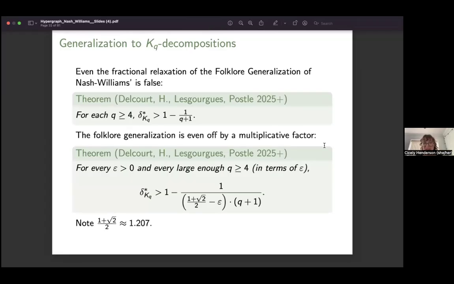And even worse, the folklore generalization is off by a multiplicative factor. For every epsilon greater than 0 and every large enough Q in terms of epsilon, the fractional threshold is strictly greater than 1 minus 1 over this constant term times Q plus 1, where that constant is strictly greater than 1.